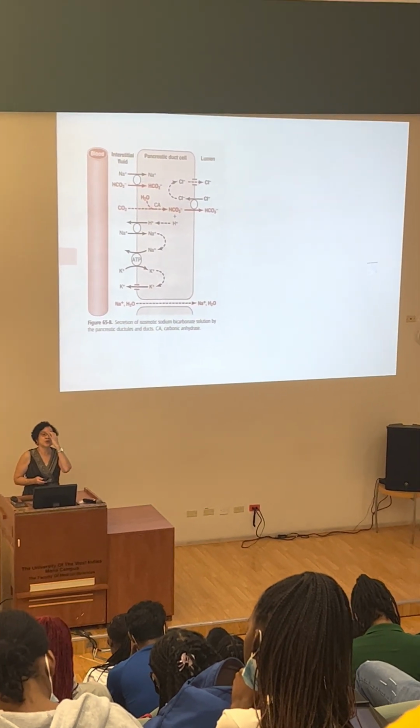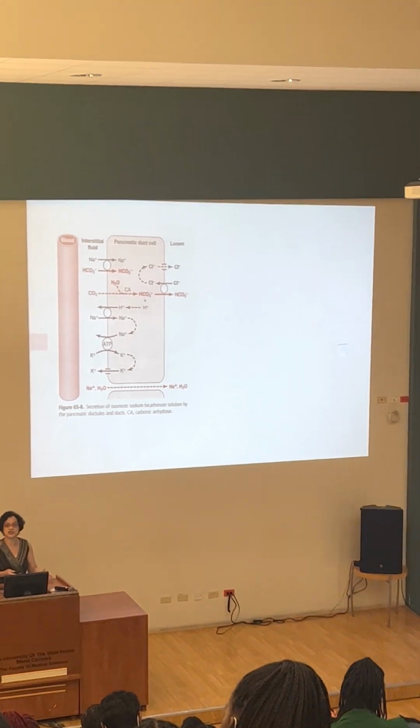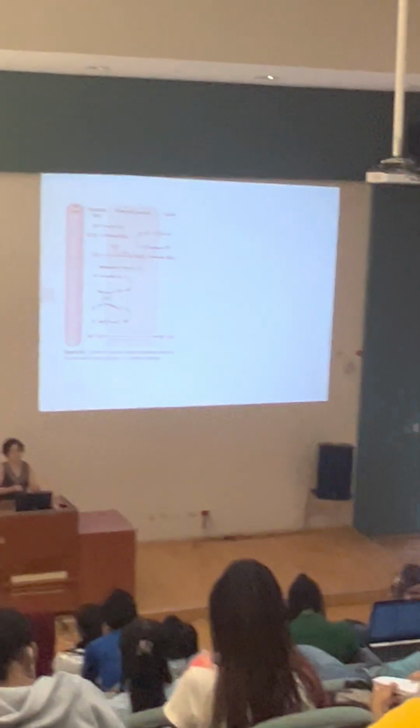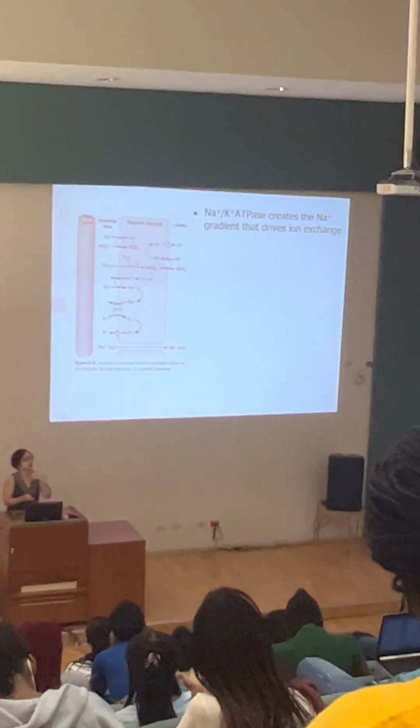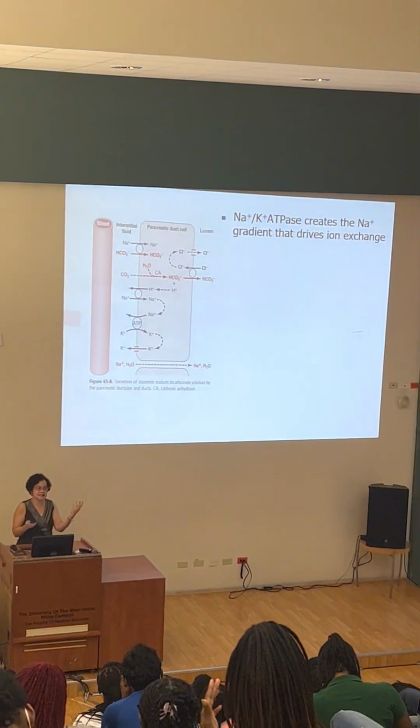All right, so we have to go to the mechanism of secretion of this large volume of electrolytes, which is rich in bicarbonate. And it's an active process of secreting bicarbonates. And this is what is mainly accepted.